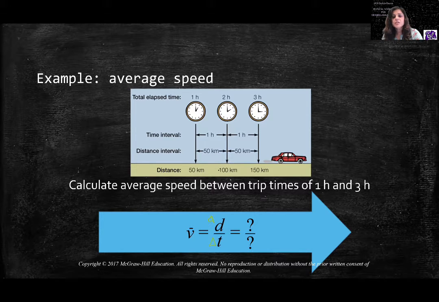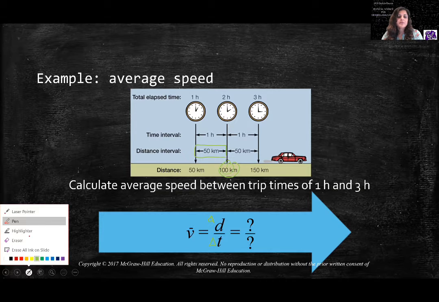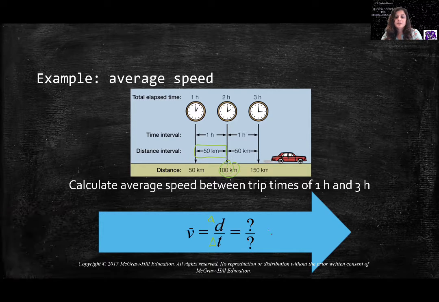If you were to just write your numbers here, you would say that's 100 kilometers in 1 hour, but no, it's the change in the distance, which is only 50 kilometers. And so the answer for this was 50 kilometers per hour.